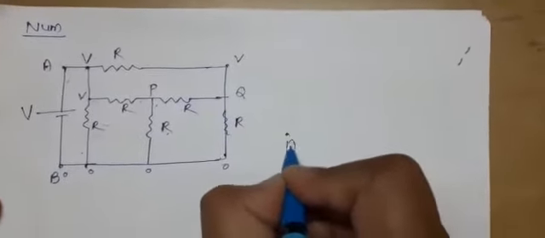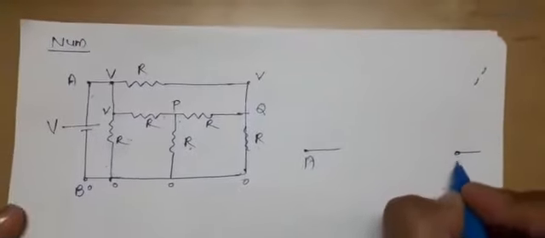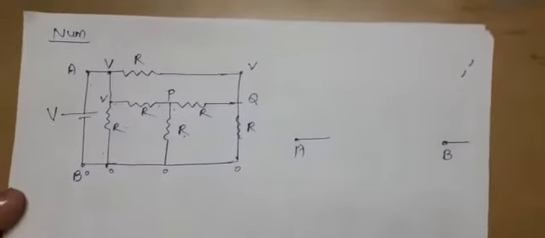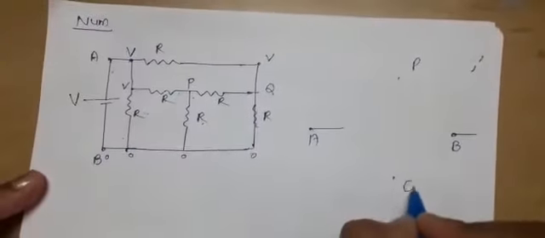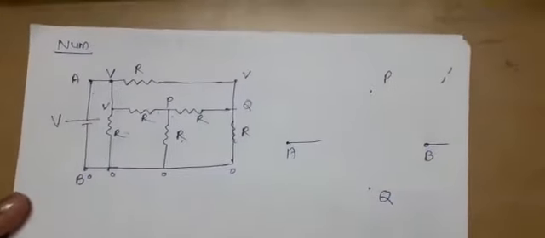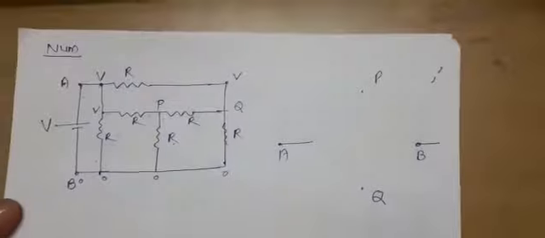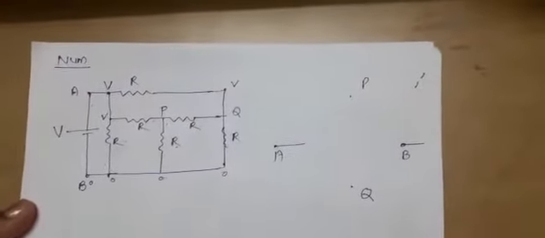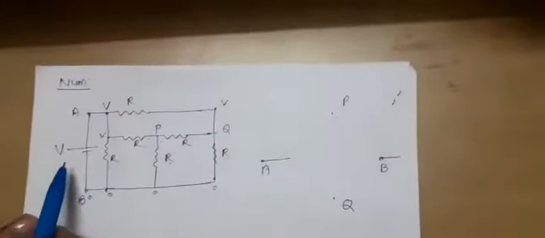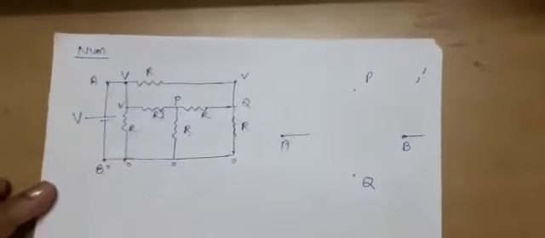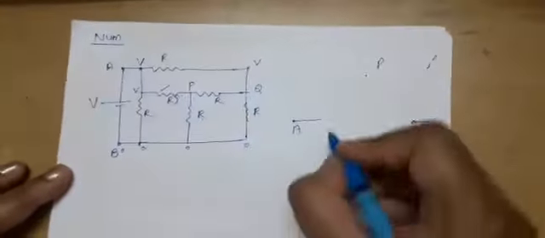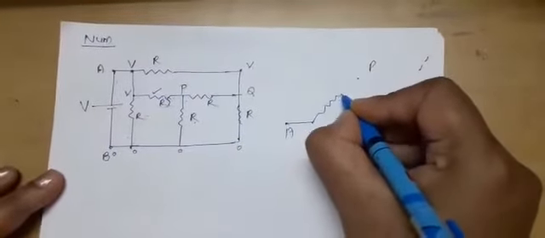So if we take terminal A and terminal B, and let me take this as point P and this as point Q. Any name you can give. Now the resistance connected between A and P: you can see here between A and P, this resistance R is connected. So I have considered it.